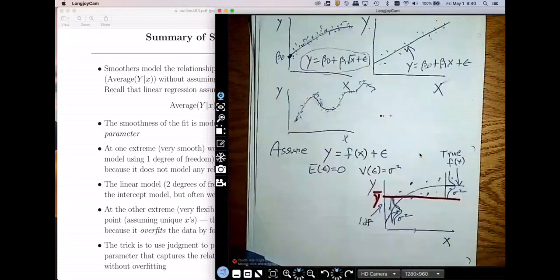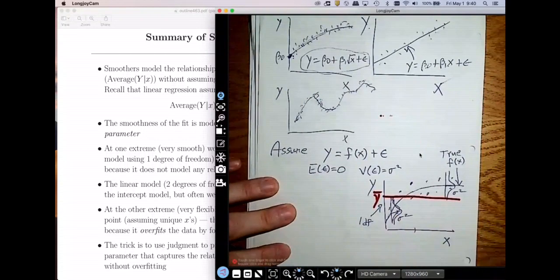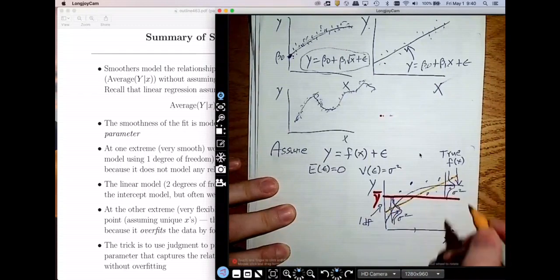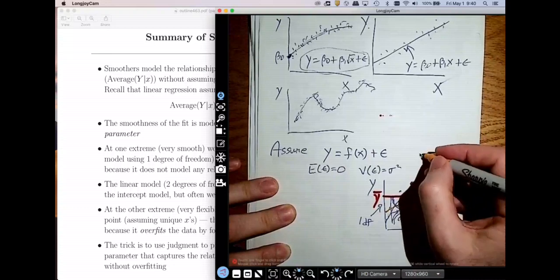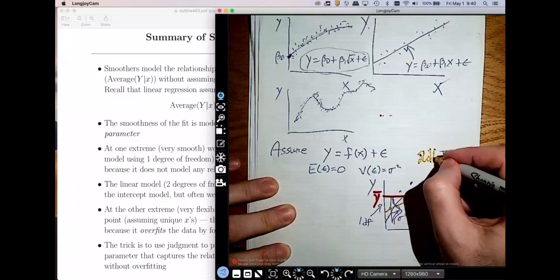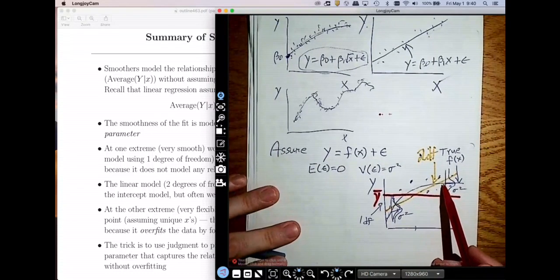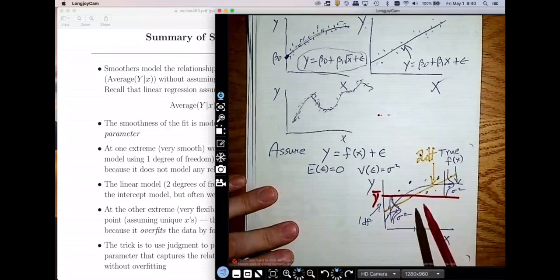Well, I could give myself a little bit more flexibility if I turn the dial a little bit to the right, and we often measure the amount that we've turned the dial by degrees of freedom. So this would be 2 degrees of freedom, and I've assumed a line. Notice this line is too rigid also. We're not quite capturing the curvature.